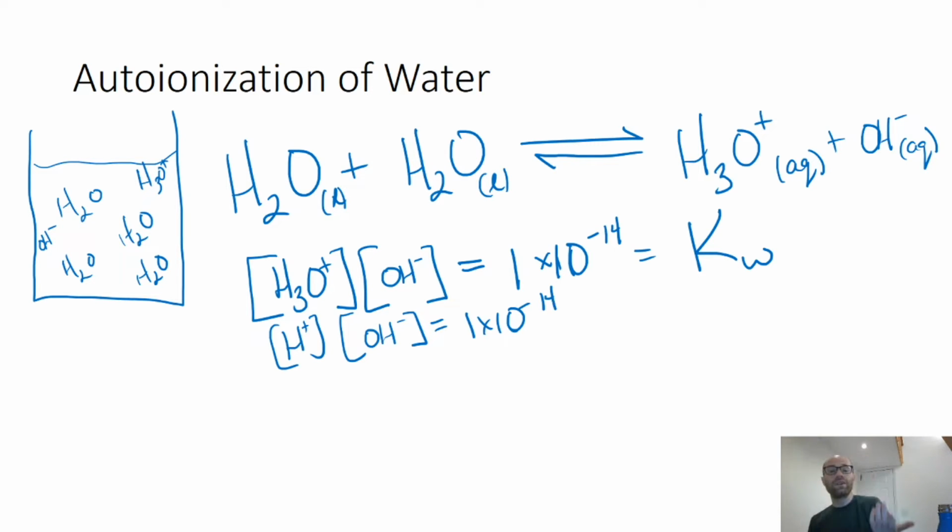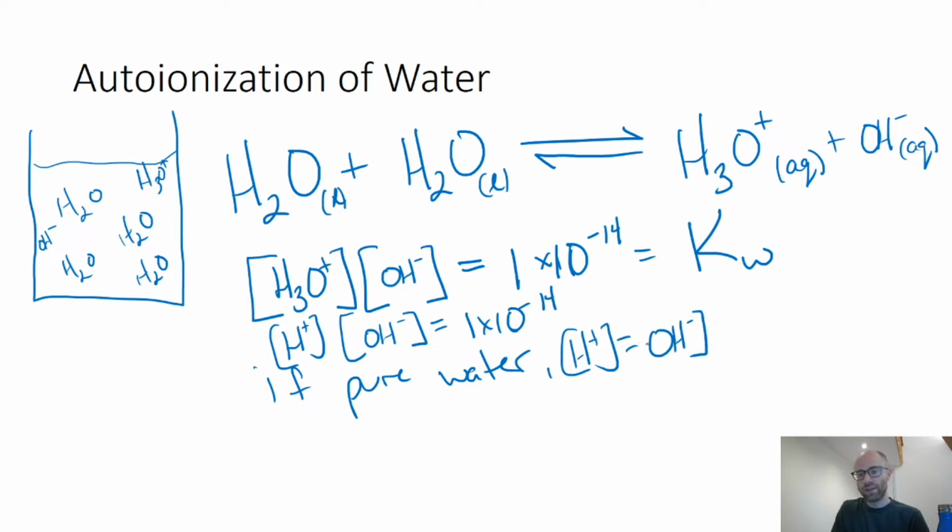If you were considering pure water, based on the chemistry of this equation, the concentration of hydronium and the concentration of hydroxide have to be equal. Conservation of matter says if you create one hydronium, you have to create one hydroxide. One H plus moves from one water to another, you create one of each particle. Well, that means if we're in pure water, we can say they're equal to each other.